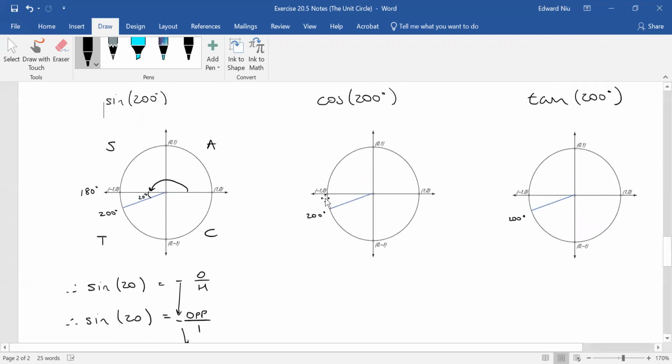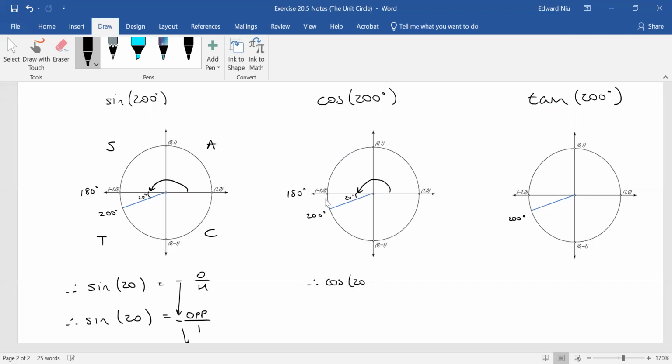All right. Over here, cosine, same thing, 20 degrees. Okay, we go this way always, so this is 180 degrees. What we can say is cosine is going to be the adjacent divided by hypotenuse, and we write the CAST method.